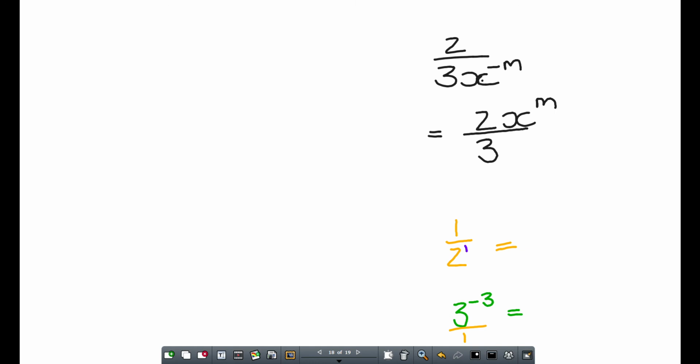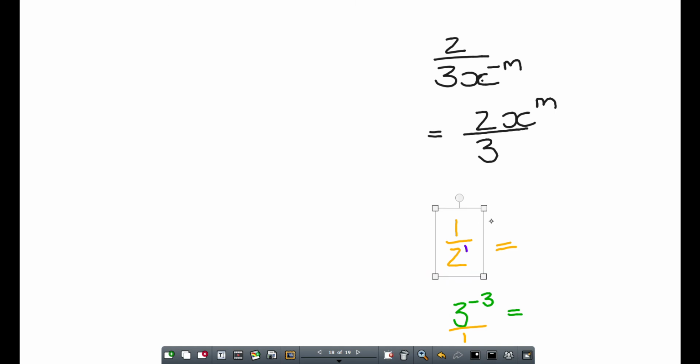Okay. So, are some of you starting to see it? Right. So what I'm doing now is over here I'm giving you a half. And I'm asking you to write it in exponential form. Meaning I want you to write it as a base with an exponent. So currently it's a fraction.